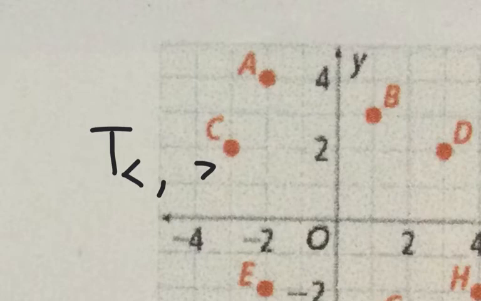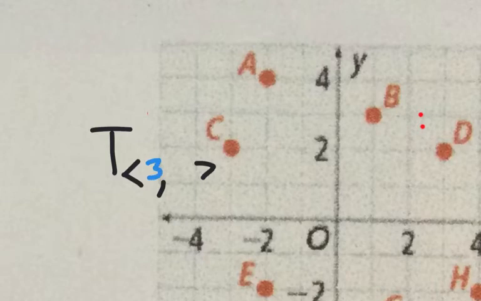So let's look up here at my picture. If A is here and B is here, the first number tells how much we're moving left or right, just like we do with normal ordered pairs. So if I'm going from A to B, I need to go right 1, 2, 3. So that puts me here. The first number is going to be a positive 3 because I went right 3.